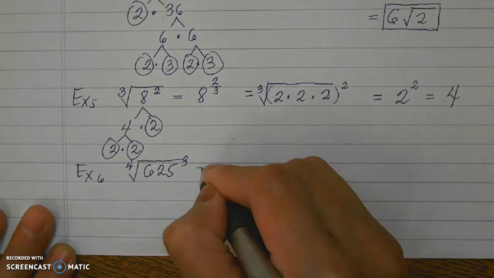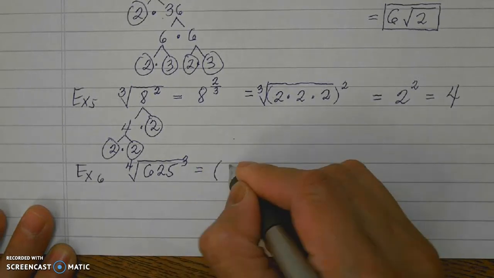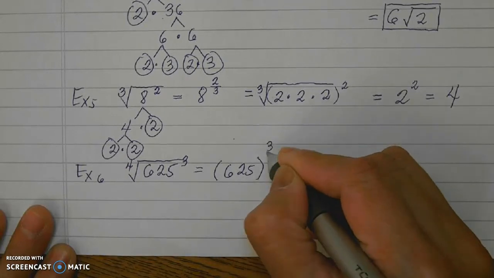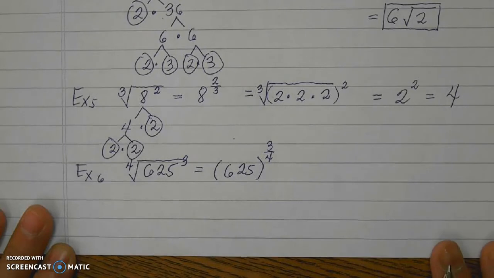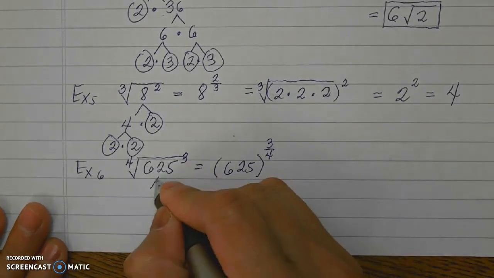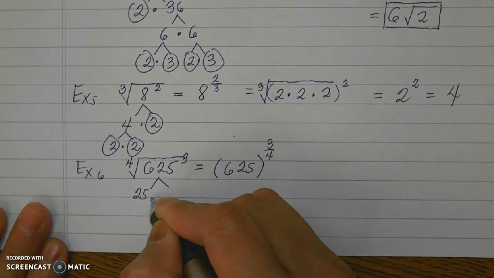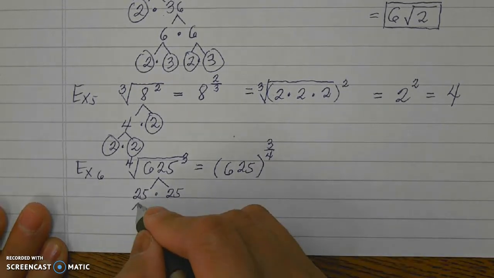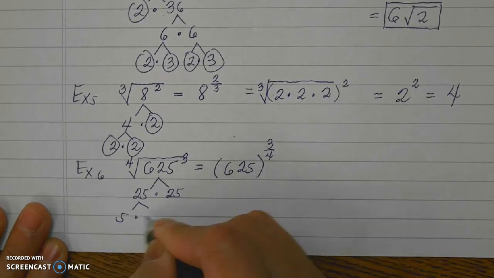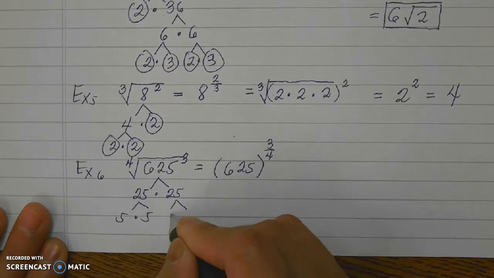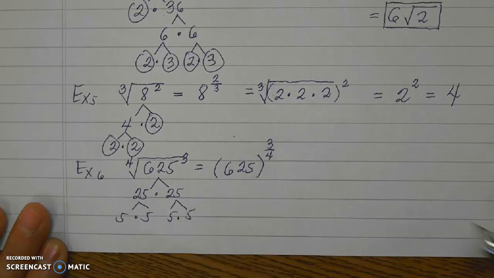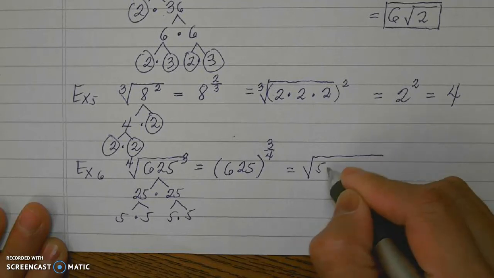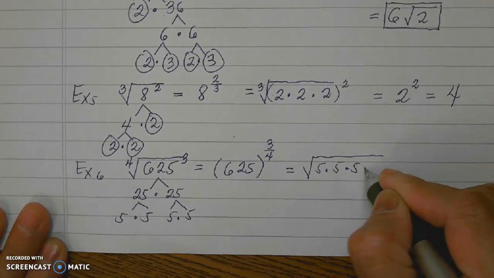Now what that means is 625 raised to 3/4. Okay. I know that this is 25 times 25. And I know that this can be broken into 5 times 5, and then another 5 times 5. Therefore, it's going to look like this: 5 times 5 times 5 times 5.